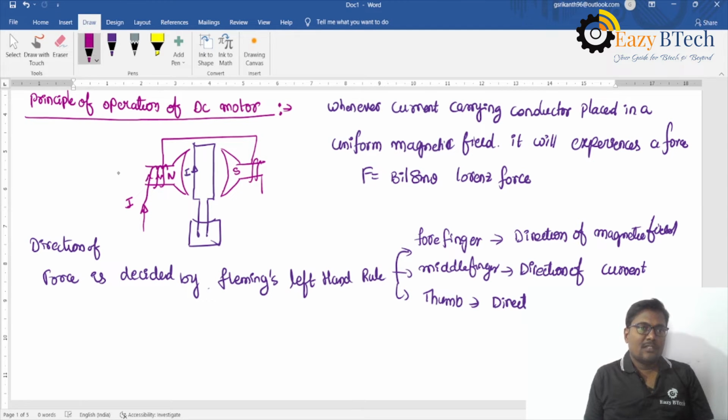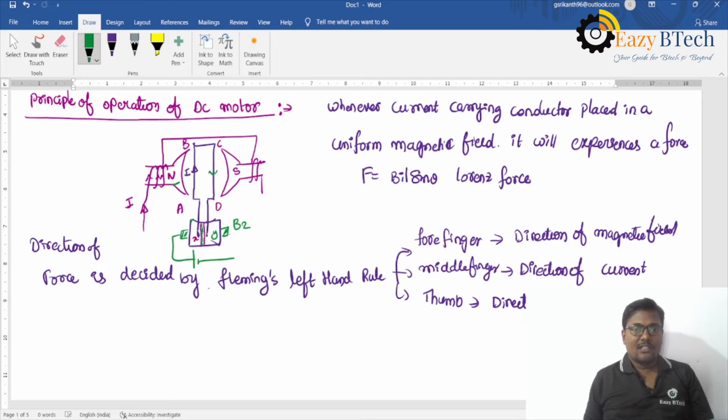The conductor AB is fixed to the commutator segment X. The conductor CD is fixed to the commutator segment Y. Between these two commutator segments there is mica insulation, and brush B1 is always in contact with the conductor existing under the north pole. Brush B2 is always in contact with the conductor existing under the south pole.